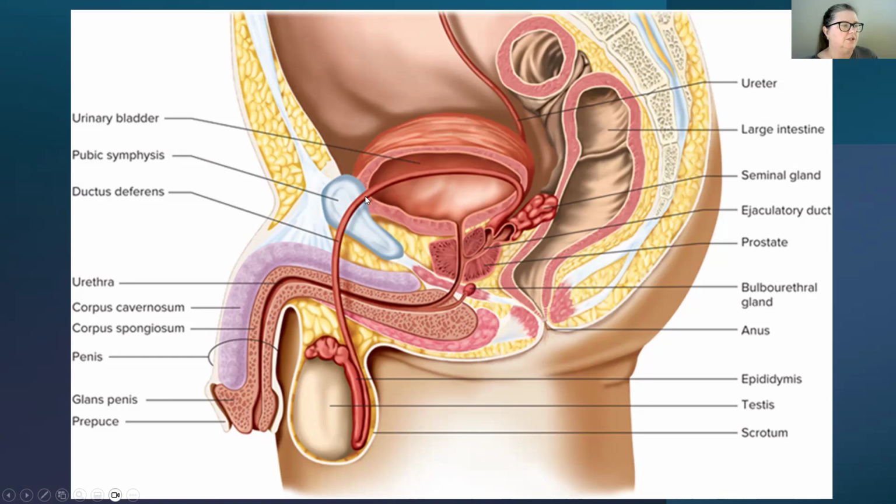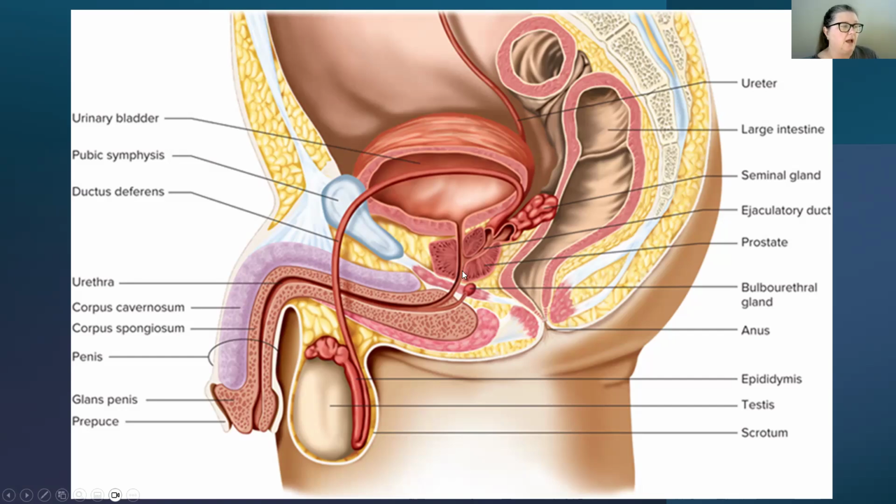But notice that this ductus deferens comes up here and meets up with the seminal gland and then passes right through the prostate. This is the prostate here. It passes right through there, but then meets, and that's what becomes the ejaculatory duct.